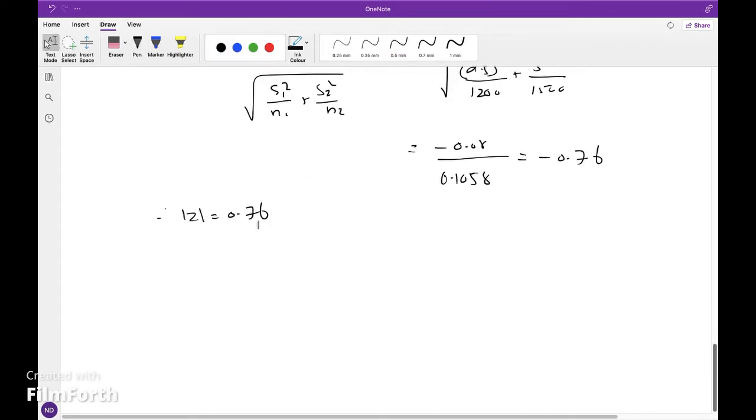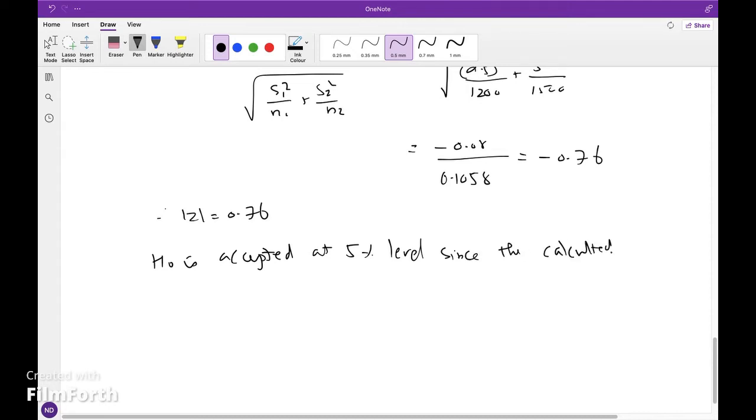Conclusion: H0 is accepted at 5% level since the calculated value of z is less than the table value of z.